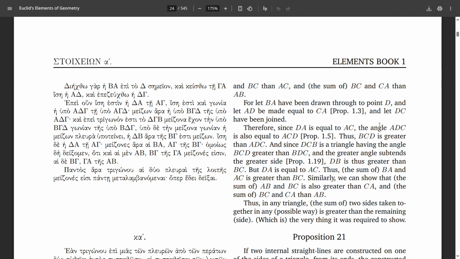So the angle BCD is greater than the angle ADC.